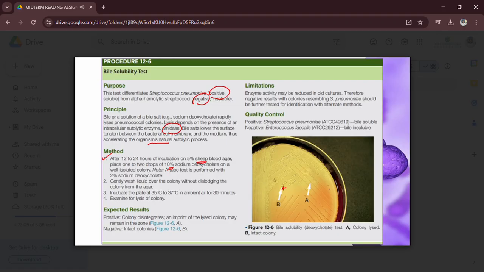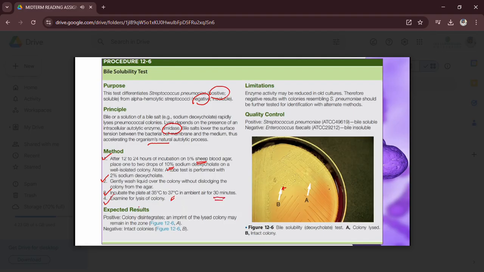Take note, a tube test is usually performed with 2% sodium deoxycholate. Now, afterwards, you gently wash the liquid over the colony without dislodging the colony from the surface of the agar. Then, we incubate the plate at 35 to 37 degrees Celsius in ambient air for just 30 minutes.